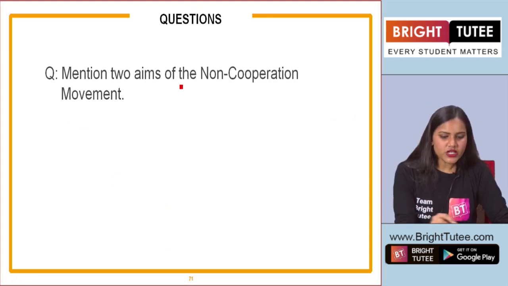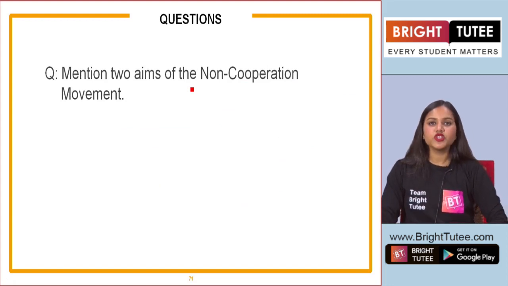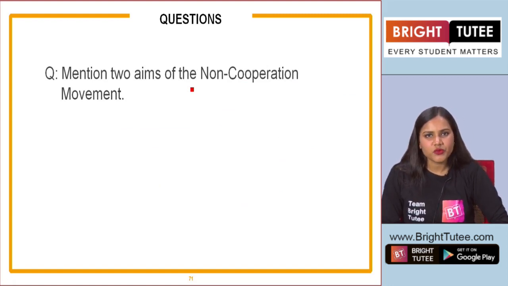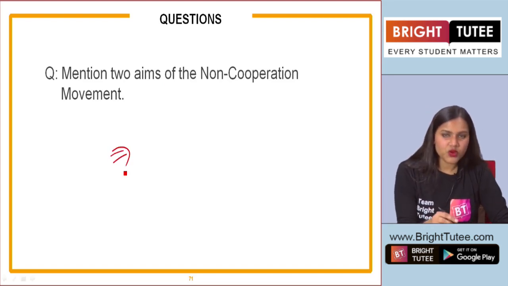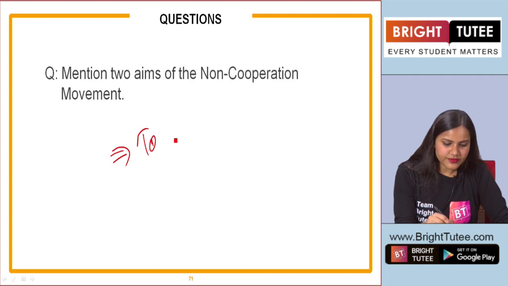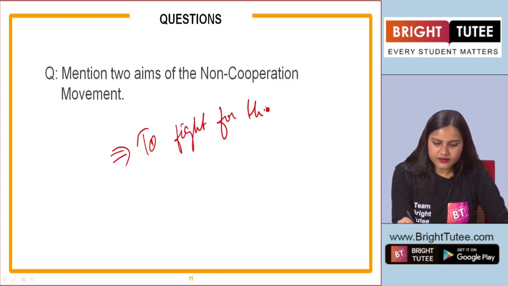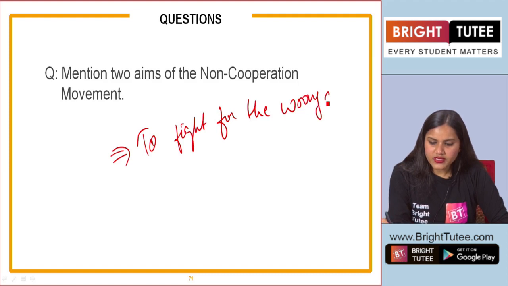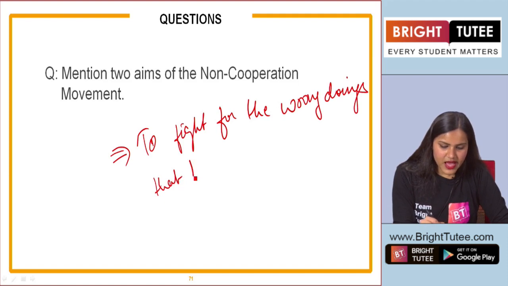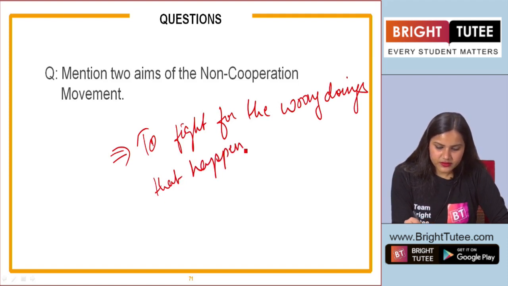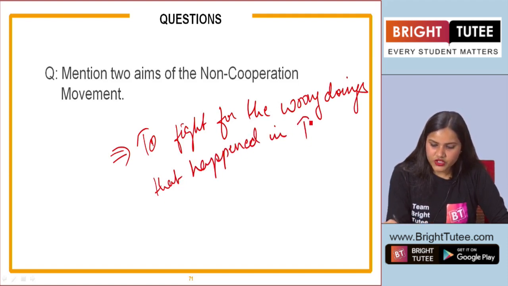Right? Mention the two aims of the non-cooperation movement. How are you going to answer this question? Do you remember the two aims, students? Yes. The first one was to fight for the wrongdoings that happened in Punjab and Turkey.